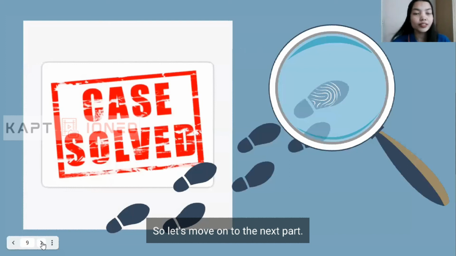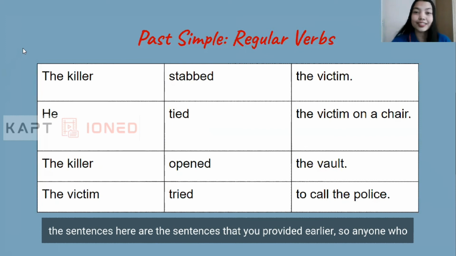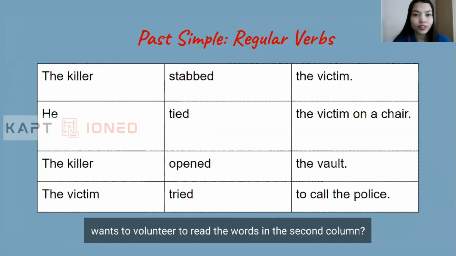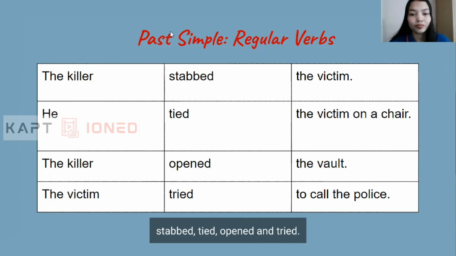So let's move on to the next part. As you can see, the sentences here are the sentences that you provided earlier. Anyone who wants to volunteer to read the words in the second column? Valentina, ma'am. Yes, Miss Tolentino. Stabbed, tied, opened, and tried.